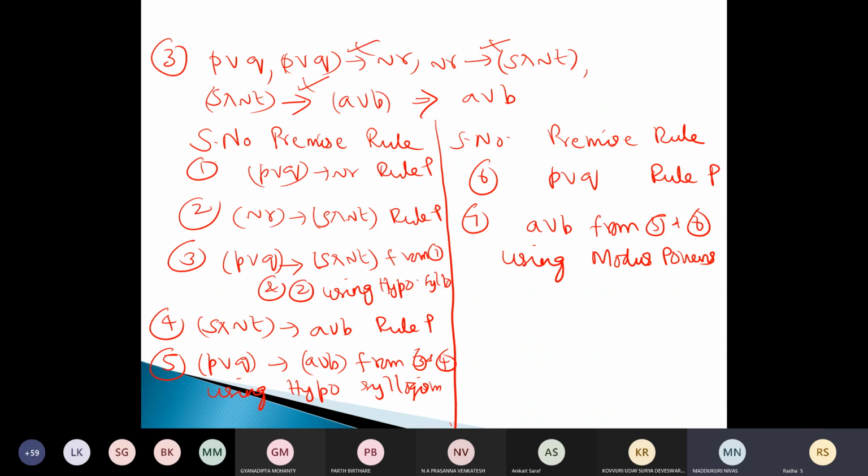Is this clear? Yes, ma'am. Okay, ma'am. So in third question, they have not asked us to prove it is inconsistent. They gave some valid result. That result we need to prove.